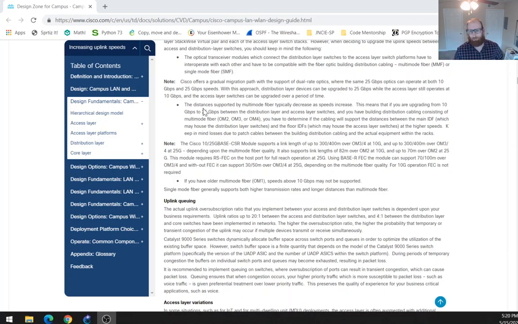With single mode fiber, not only can it go longer and have a higher bandwidth, you can do something called CWDM or DWDM, which requires wavelengths that are really tiny, too tiny to be supported by multi-mode.